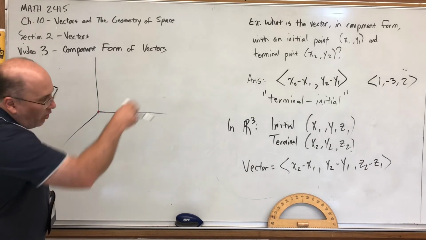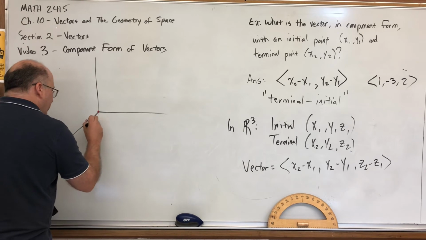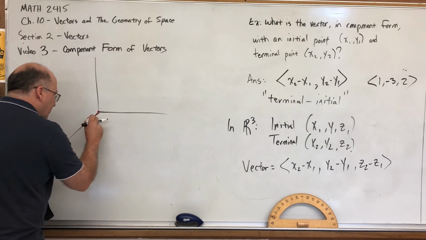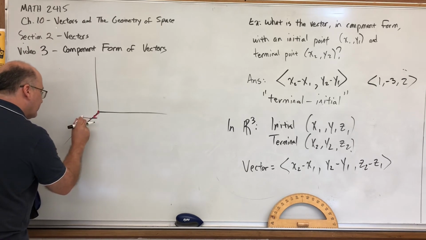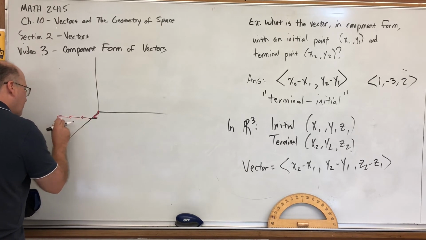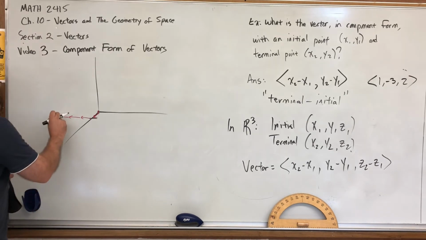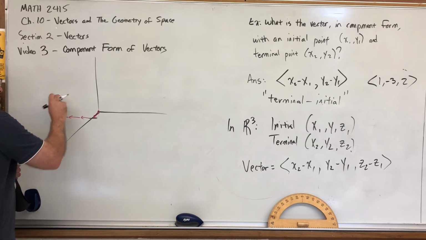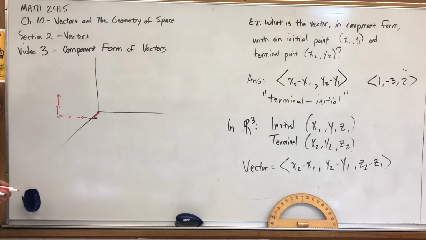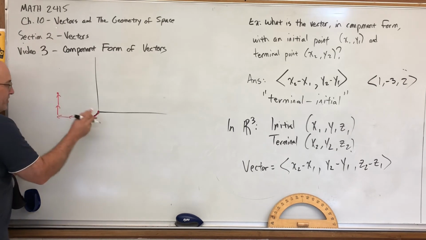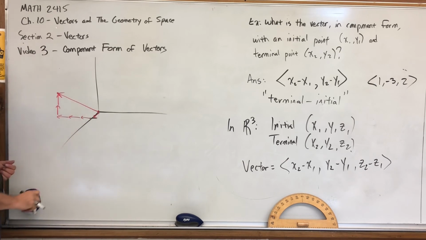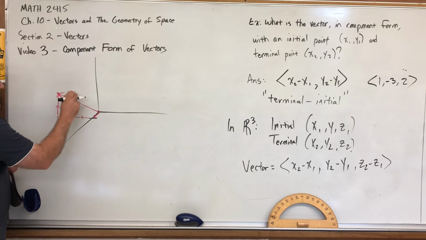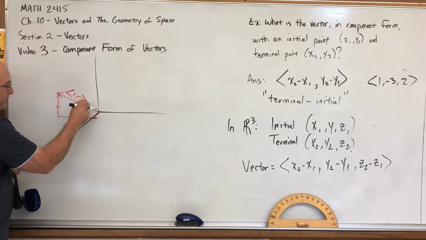Origin, 1 in the x direction, so 1 this way. -3 in the y direction, so that would be -3 this way. And then 2 in the z direction, so up 2. And I'm trying to draw each arrow to represent 1 unit in each direction. If we connected the initial point at the origin by choice to the terminal point, which seems to be at the point 1, -3, 2, then this vector would be 1, -3, 2.